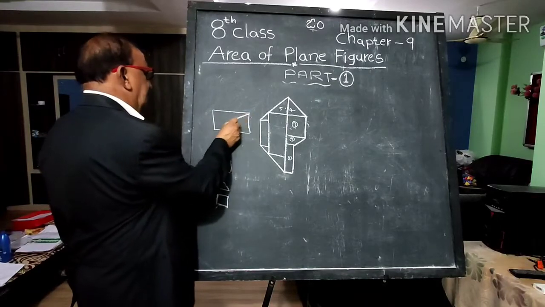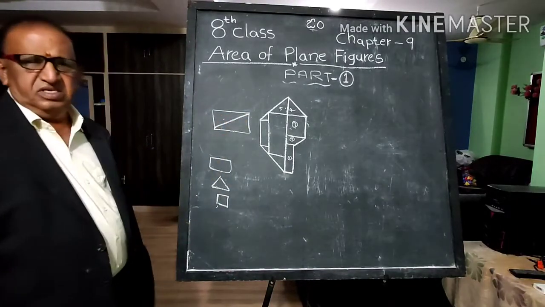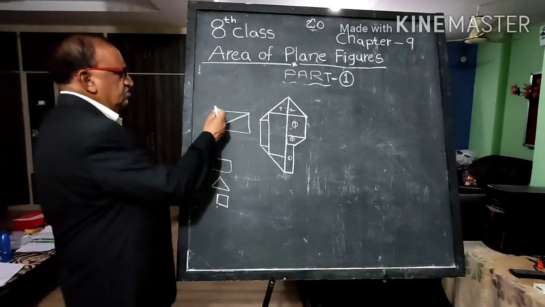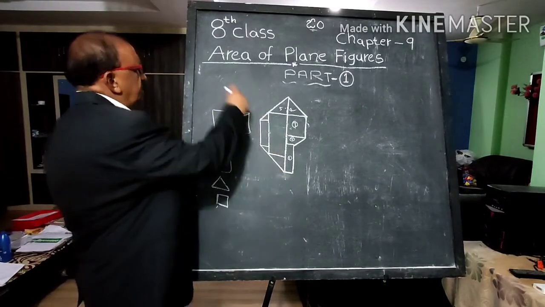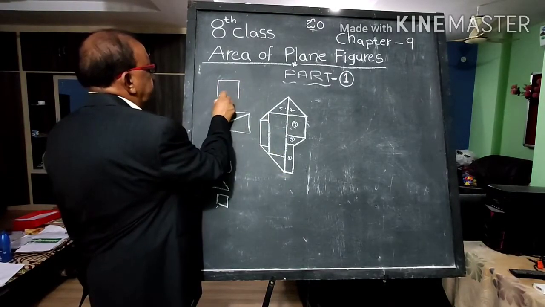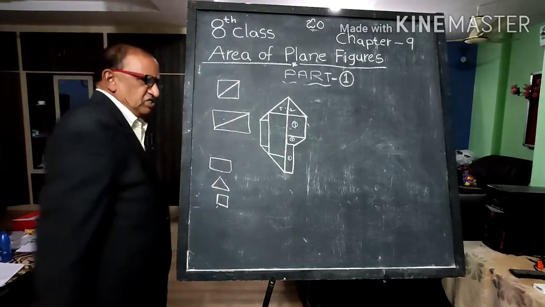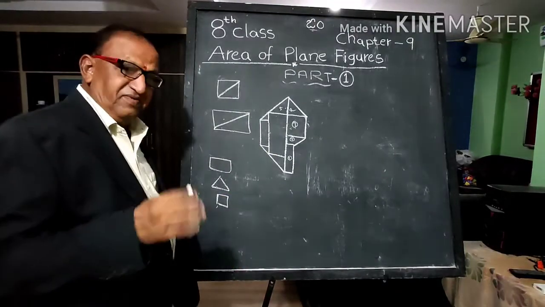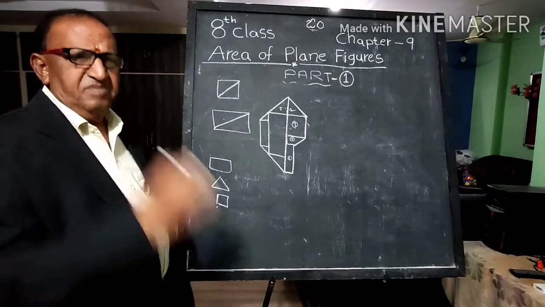If I draw a line, that means you are dividing the rectangle into two triangles. So you know the triangle formula, you can easily calculate the area. So area of this plus the area of this is equal to the total area. Similarly, if you draw a line like this, you are splitting the square into two triangles. That's why I tell you triangle is very, very important.